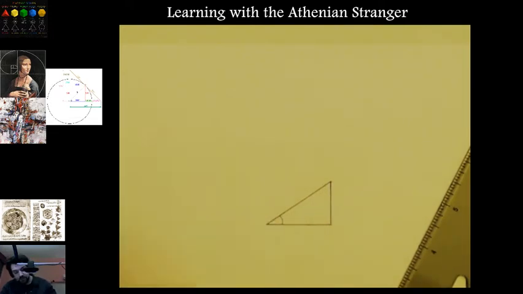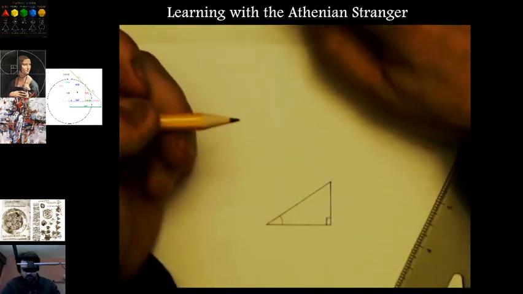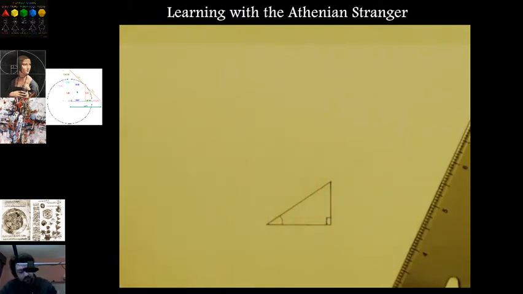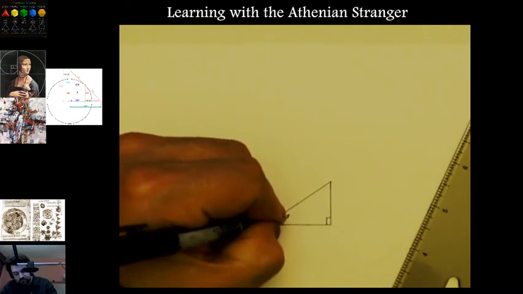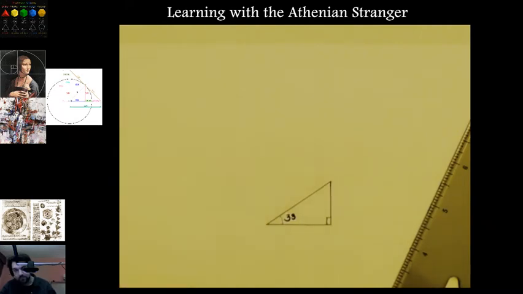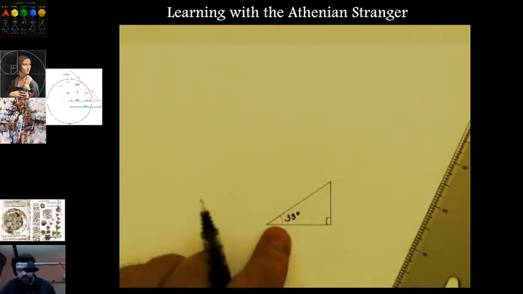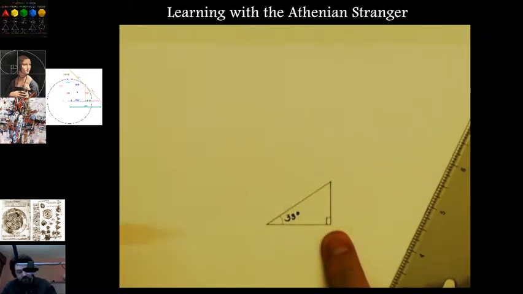So here's what we know. We know this is a right angle. And we know that this is 33 degrees. So if this is 33 and this is 90, this over here is 57 degrees.